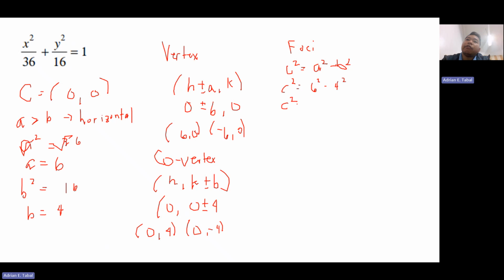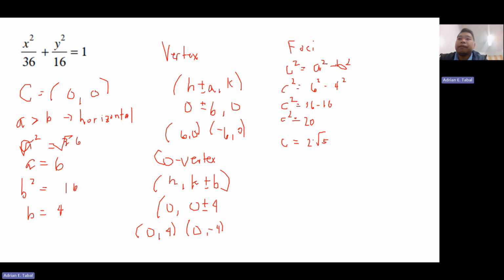So C squared equals 36 minus 16. C squared is equal to 20. Simplify, C is equal to the square root of 4 times 5. So 4 is a perfect square, that's 2 square root of 5.